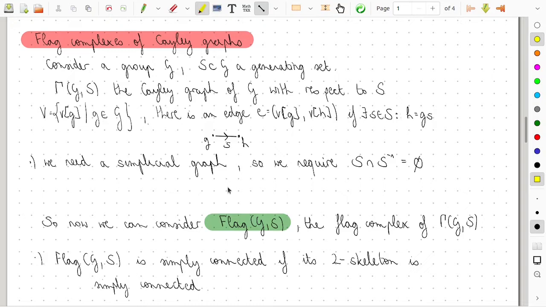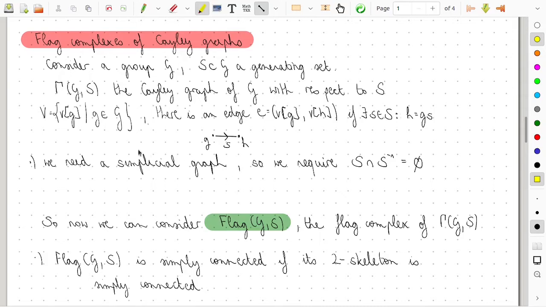To define a flag complex, we need to start with a simplicial graph, a graph without loops or double edges. A loop corresponds to an edge from a vertex to itself, so it corresponds to a generator s being the identity. A double edge corresponds to two generators being the inverses of each other.